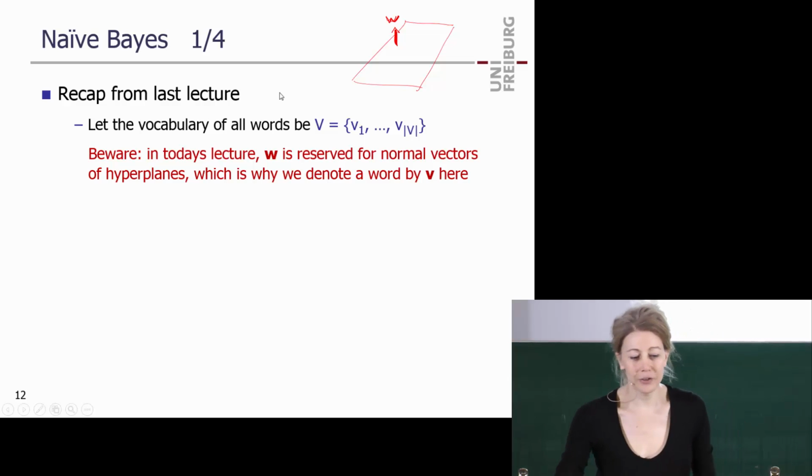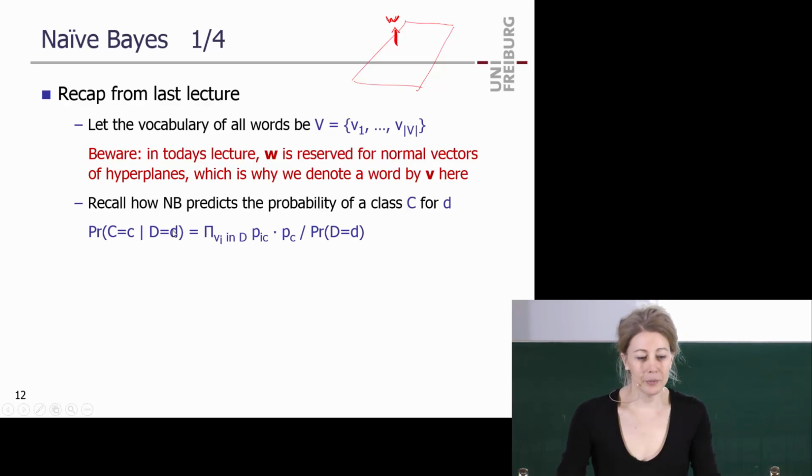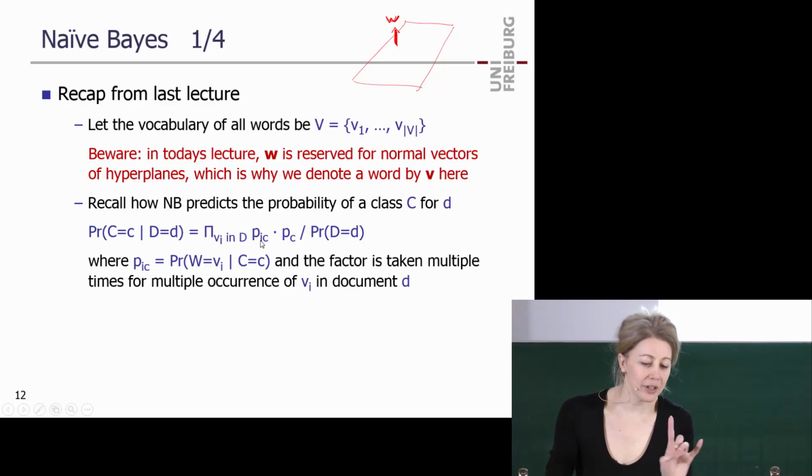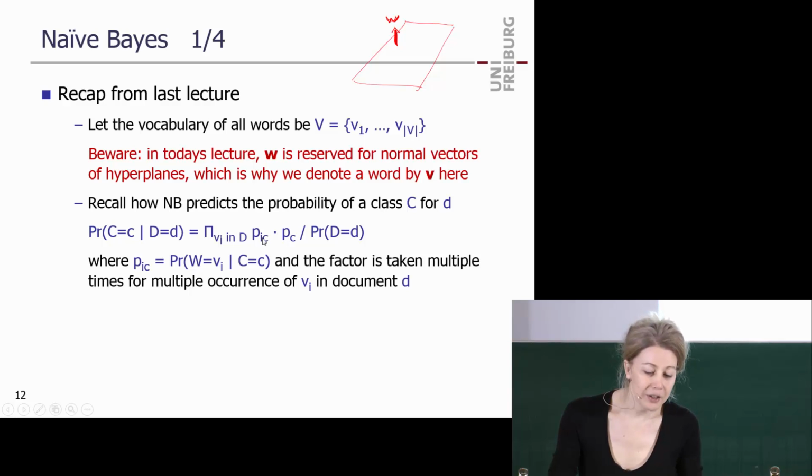So now it's clear. This is what naive Bayes did to predict whether this is the right class for this document: you just multiply all these probabilities. I now write them a little bit differently, because there is no V here. I have my 1,000 words, and for every word I have the probability for that word in that class. Here I just use an index now. So I go over all the words in the document and multiply all these probabilities.